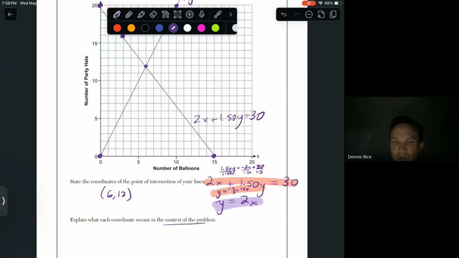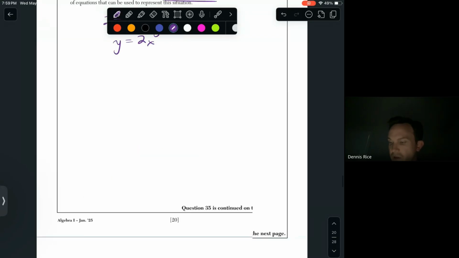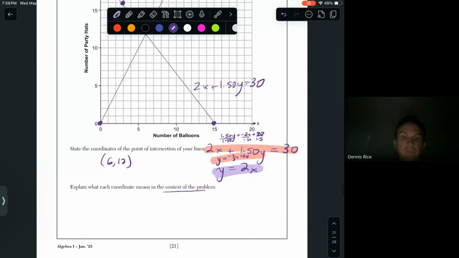It is kind of hard to explain this in words because it's not as simple as saying that's how much something costs. This one was not cost, it was how many of each item. To keep it as brief as possible, these were the amount of balloons and party hats that accomplished Anna's goal, her price and her 2-to-1 relationship.